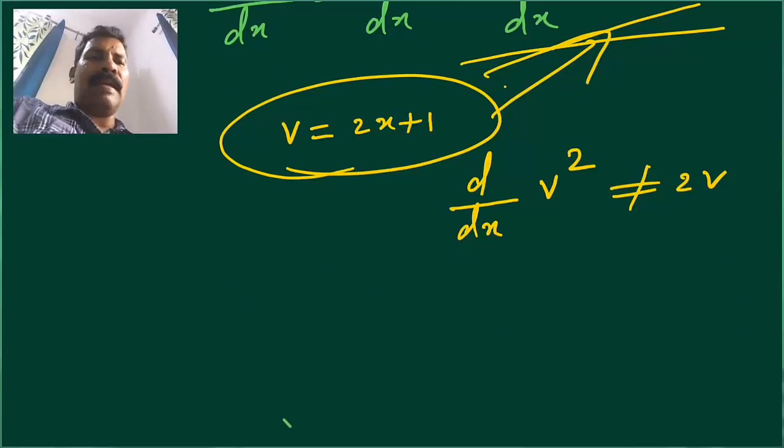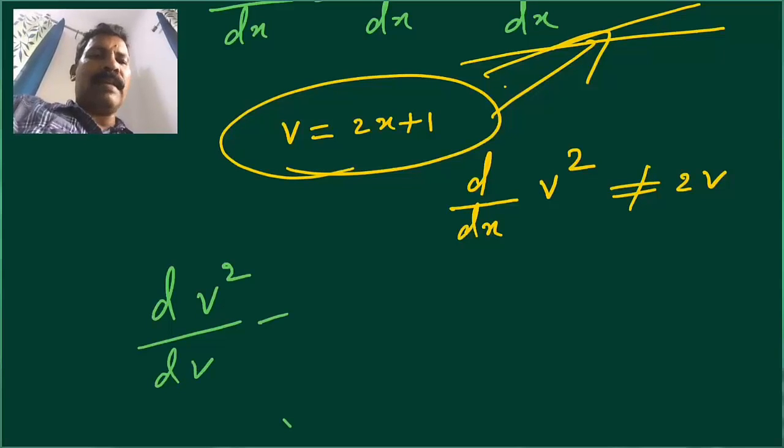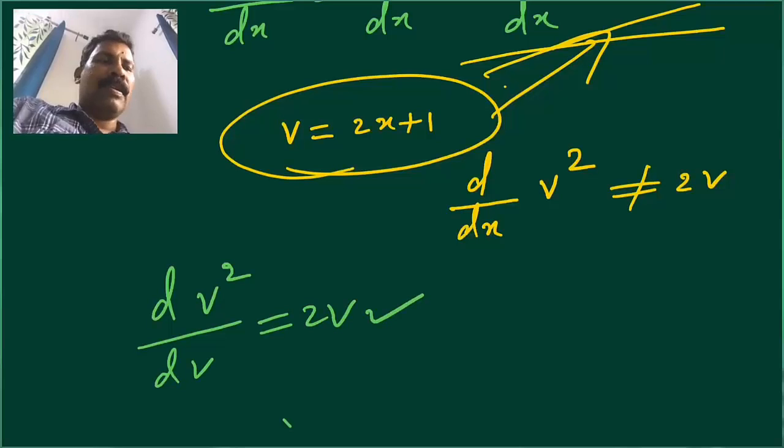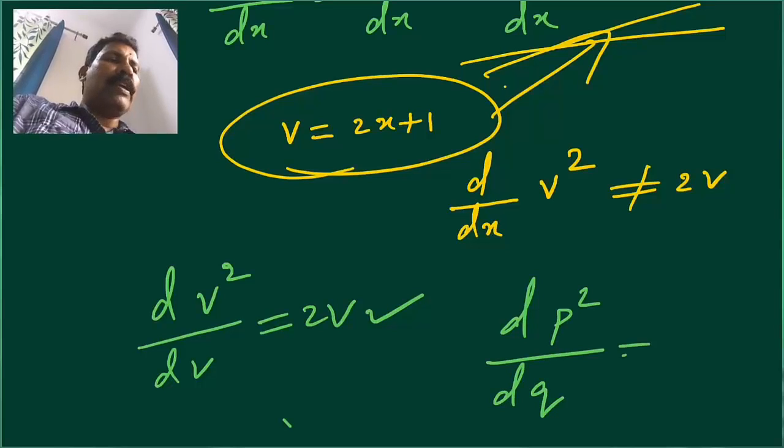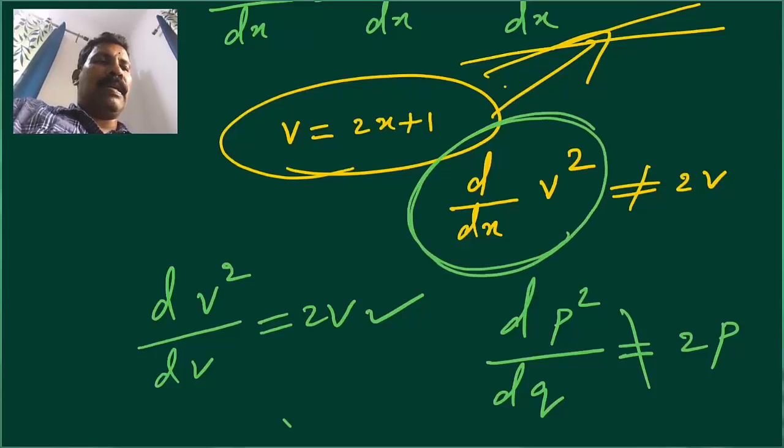We can write d of v square with respect to v, that is 2v, that is correct. But we cannot write d of p square with respect to q as 2p, that is wrong. So here is the problem, a variable mismatching problem. Then how to tackle it?